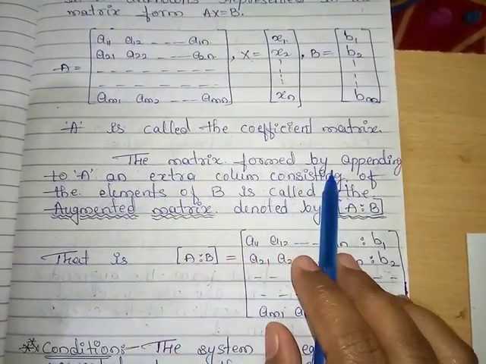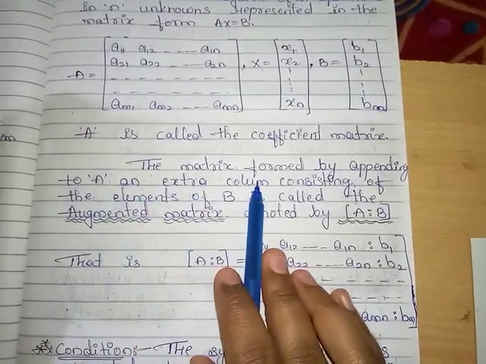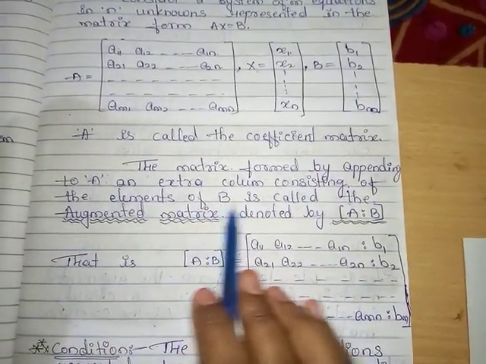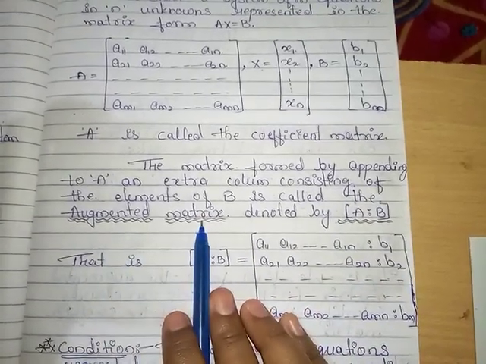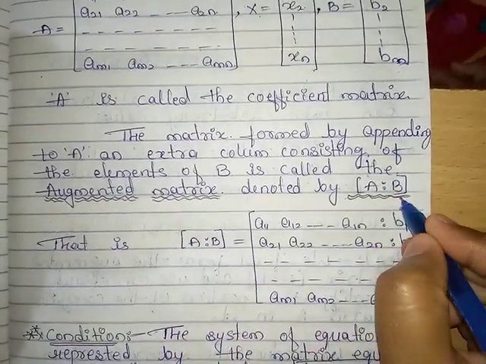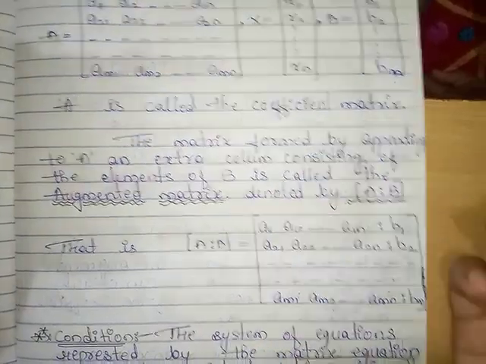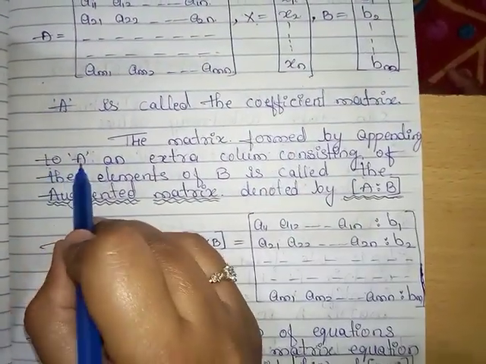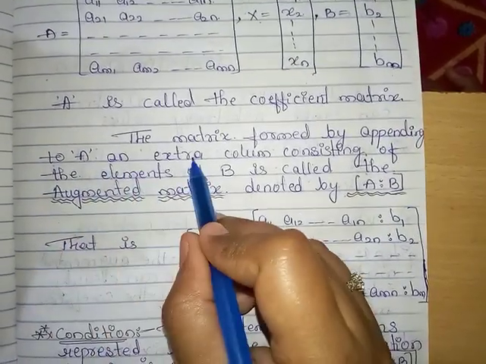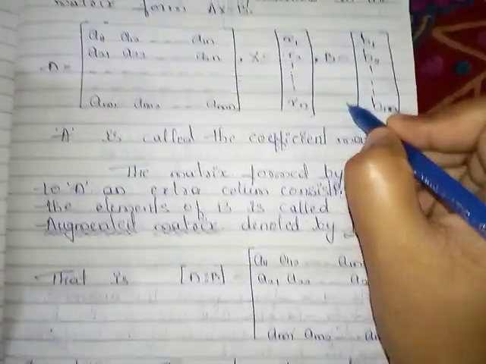The matrix formed by appending to A an extra column consisting of the elements of b is called the augmented matrix. What is meant by augmented matrix? This is the notation of augmented matrix. A matrix which is formed by appending to matrix A an extra column, we add an extra column consisting of the elements of the matrix b.